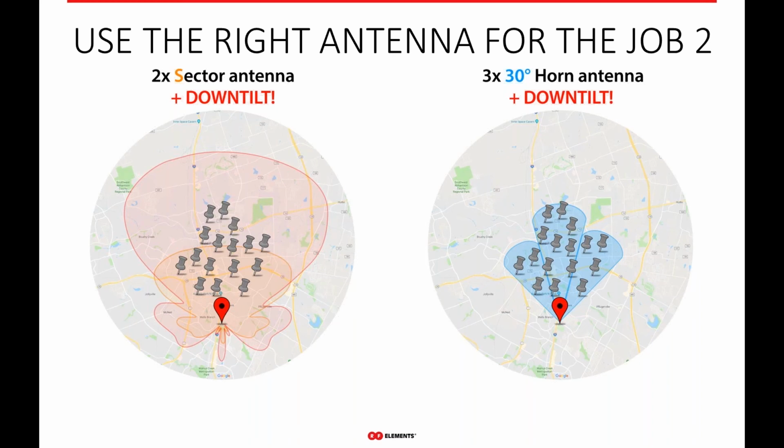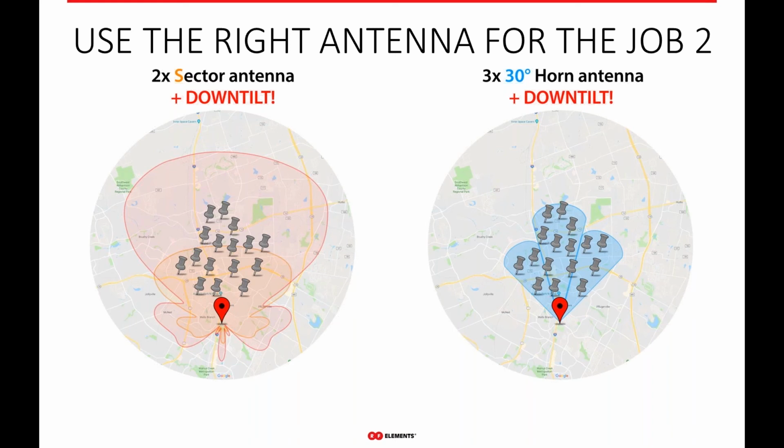This becomes a problem when you start overlapping very wide sector antenna coverages over each other. You start creating really big problems, a lot of errors, retransmits, and really poor degraded performance. So again, knowing where your customers are and how they're spread out within a particular azimuth of a sector will help you choose the right antenna.